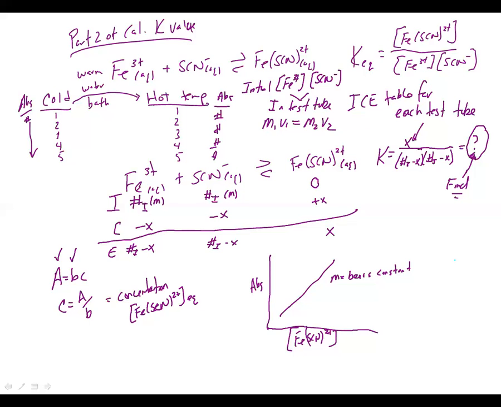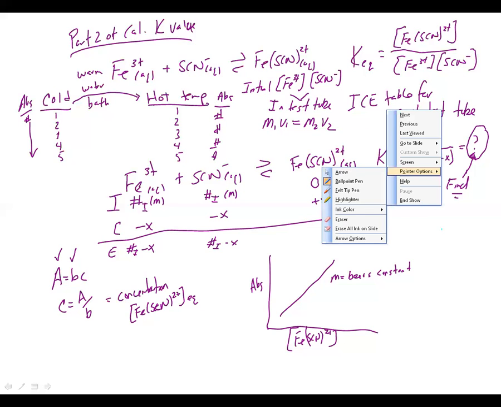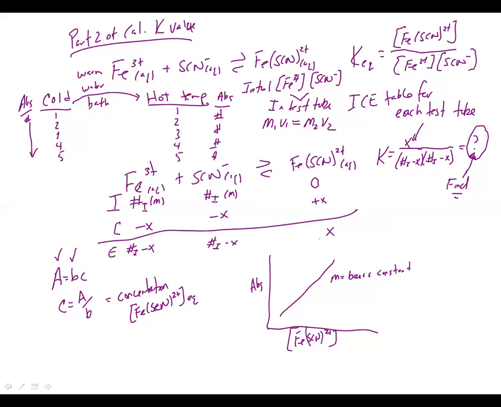This is important because if we go back to our table, we will see that at equilibrium, X is equal to the concentration of our product at equilibrium, which means this number that you get here is going to be your X value.